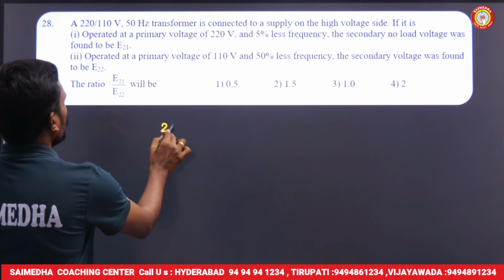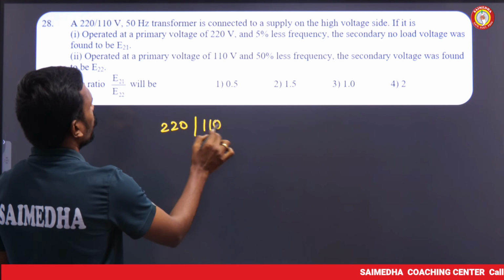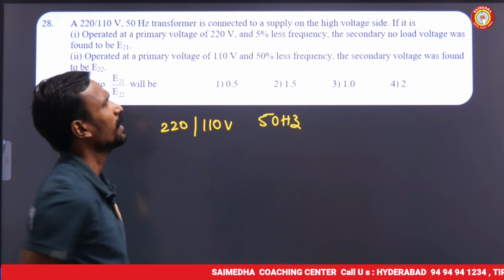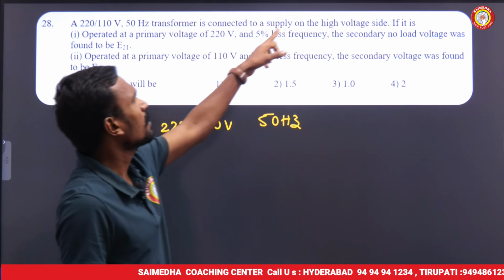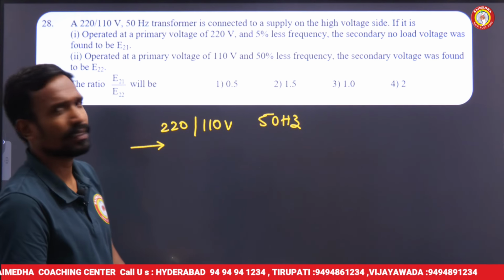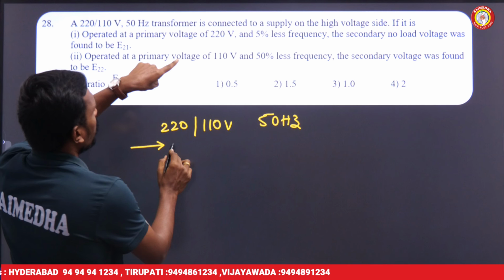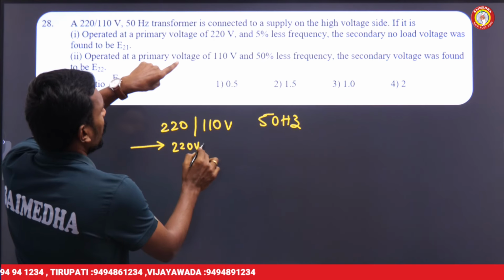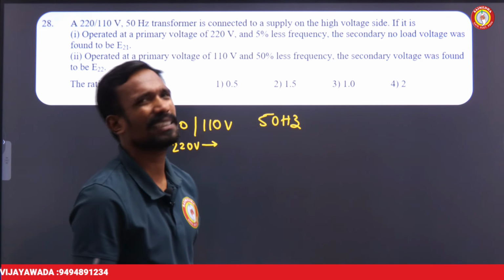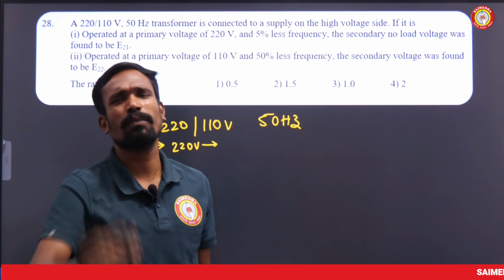A 220 by 110 volts, 50 Hz transformer is connected to the supply on the high voltage side. If it is operating at a primary voltage of 220 volts and 5% less frequency, if they give you only the frequency, don't change the EMF values.